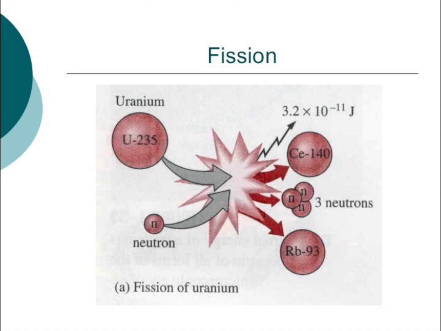So the overall sum of this is the fissioning process, which is induced by the neutrons being shot into this mix. This fissioning process releases nuclear energy, but that nuclear energy turns into thermal energy.